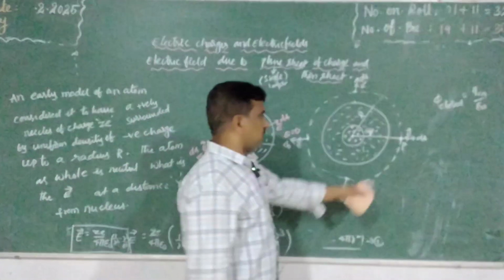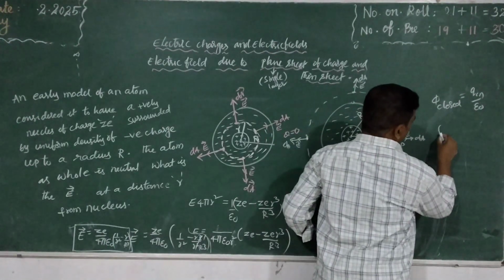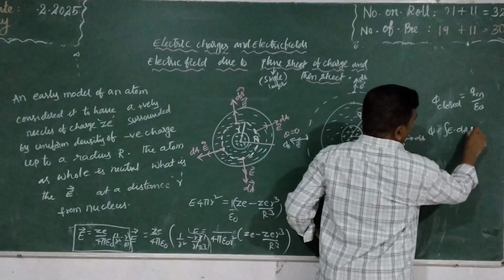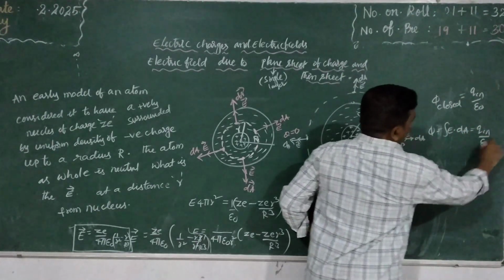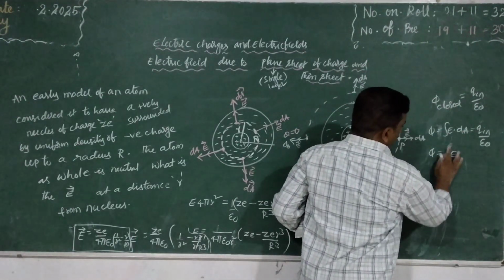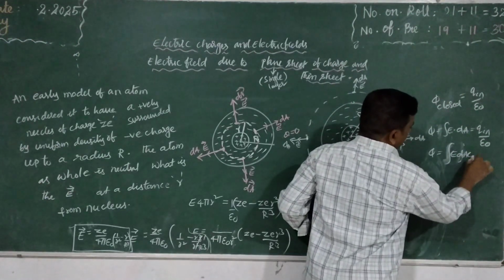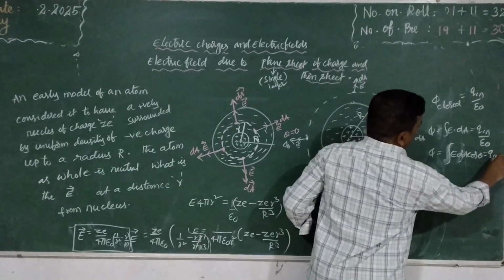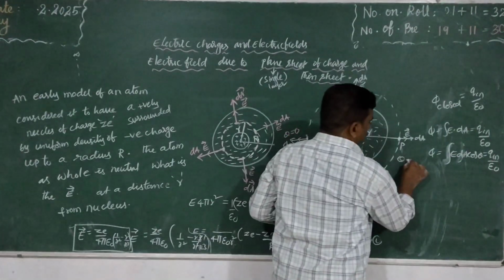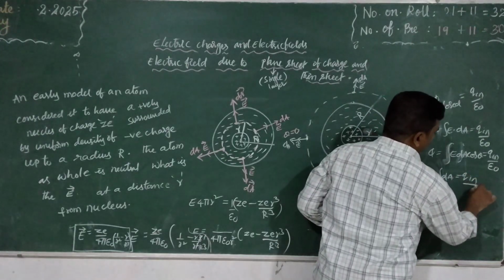According to that we add all the d phi, so phi equals integral E dot dA, which equals q inside by epsilon naught.